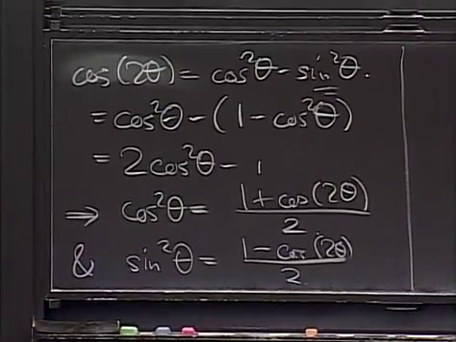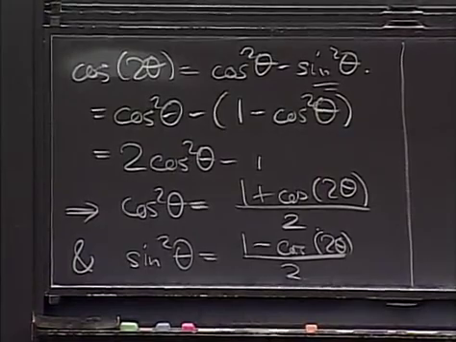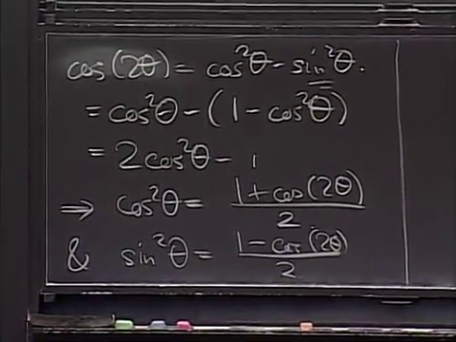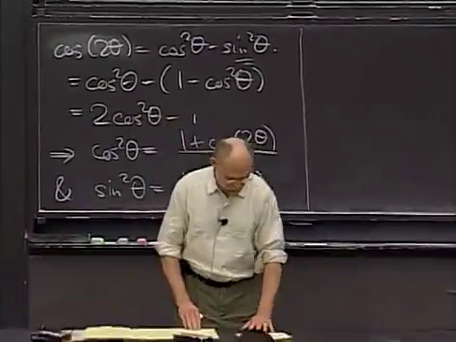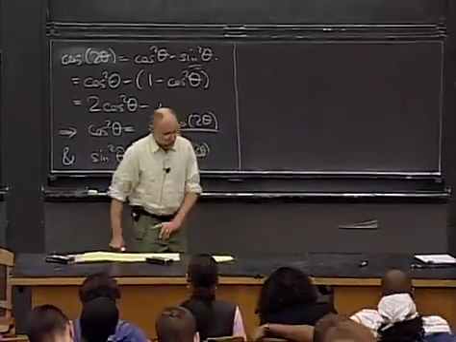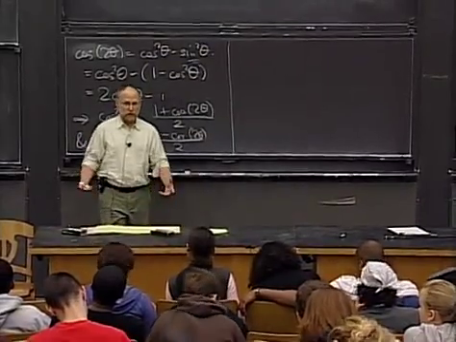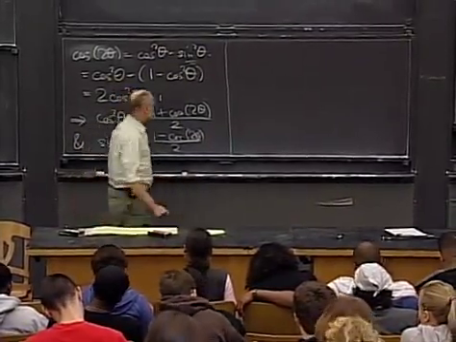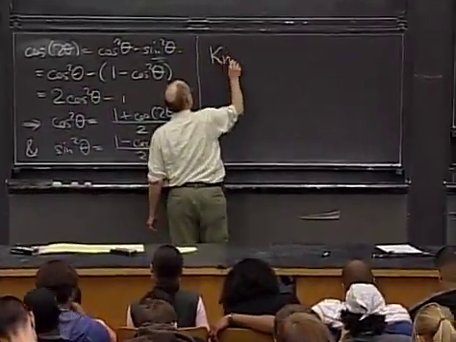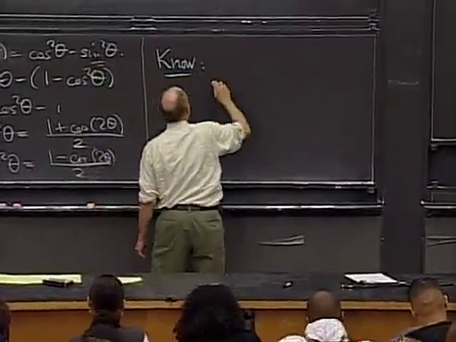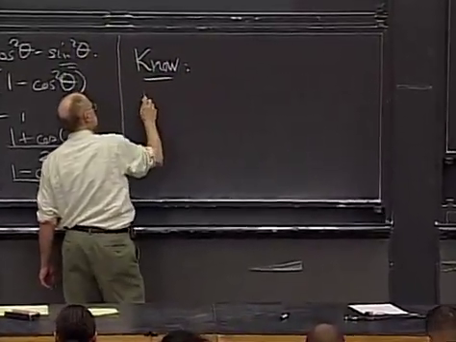Okay, so that's my little review of trig identities that we'll make use of as this lecture goes on. I want to talk about trig integrals, and I'm sure you know some trig integrals already. Let me write the differential form first.